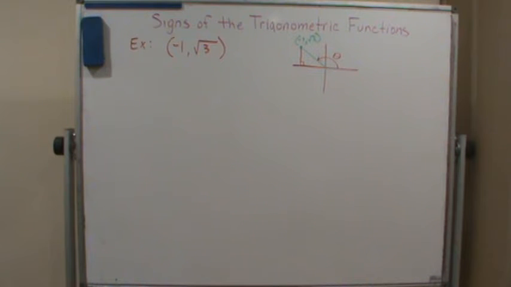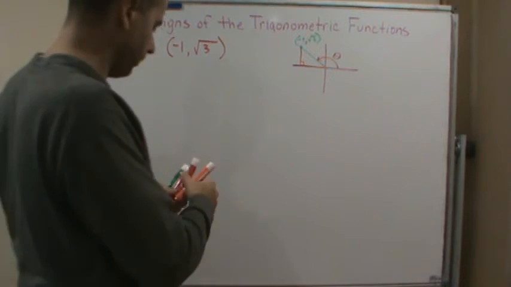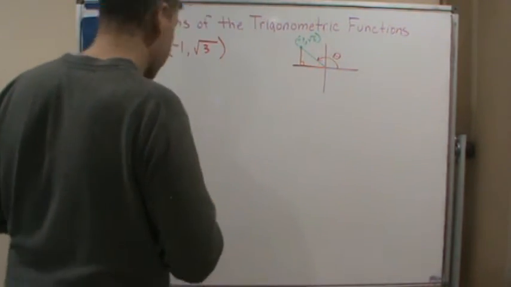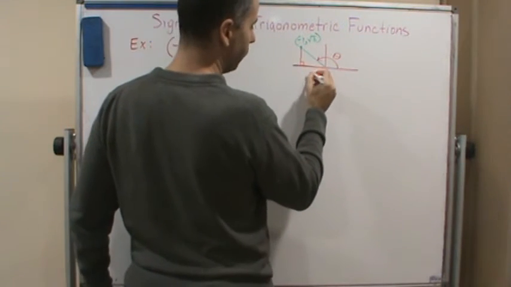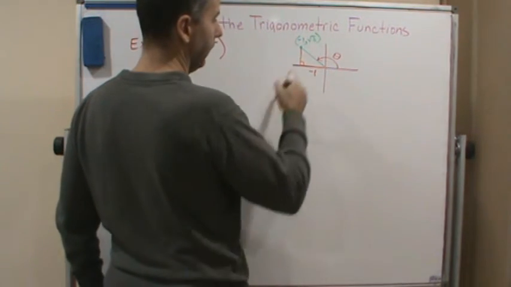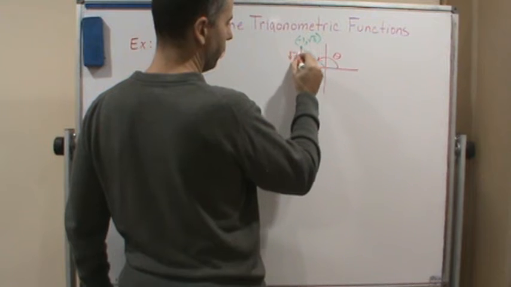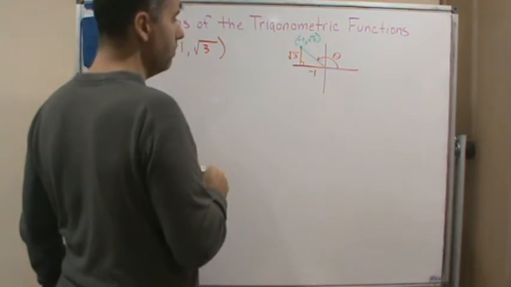So I'm going to write out all the stuff. So x is -1, so we know this side is -1, and y is square root of 3, so we know this side is square root of 3.